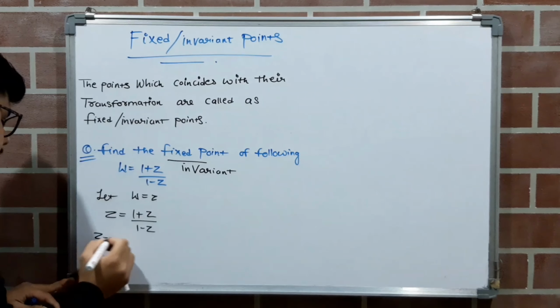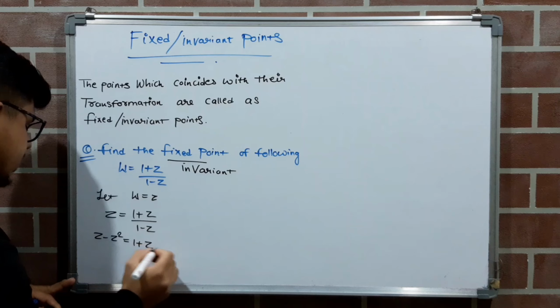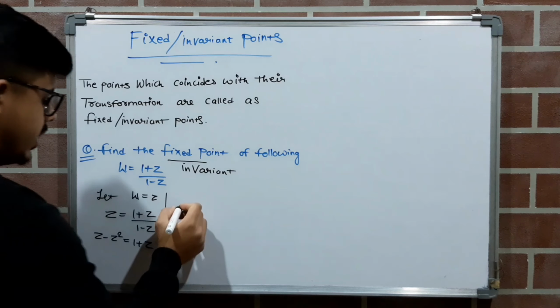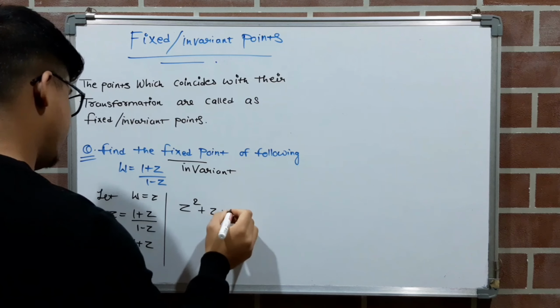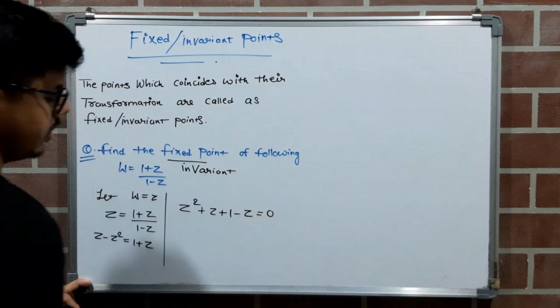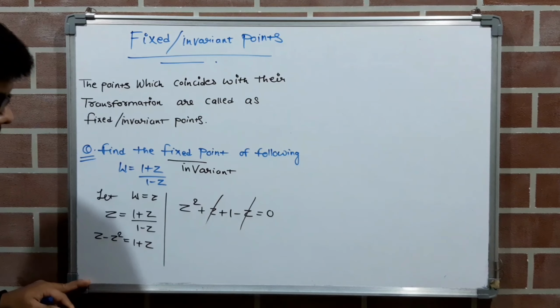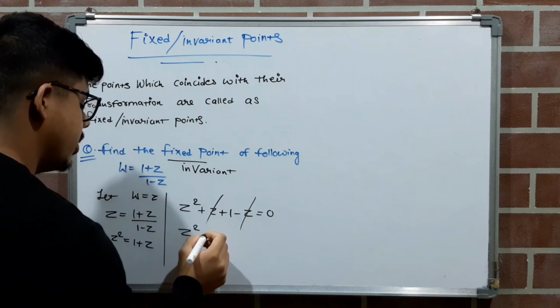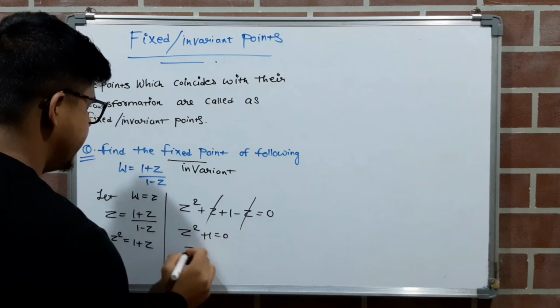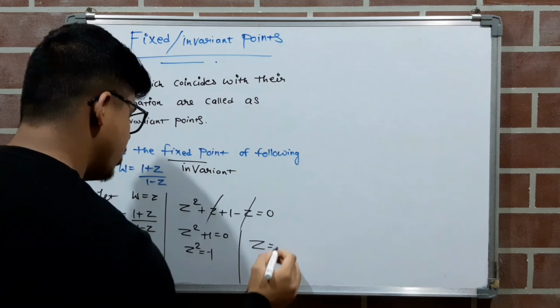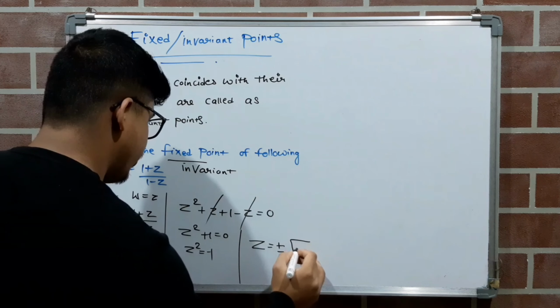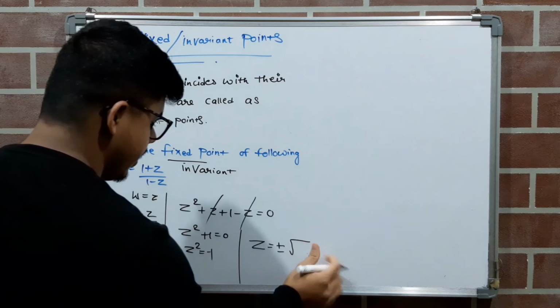So z − z² = 1 + z. So it will be z² + z + 1 − z = 0. You can see here plus z and minus z get cancelled. So z² + 1 = 0. That means z² = −1, which gives z = ± √(−1), right?